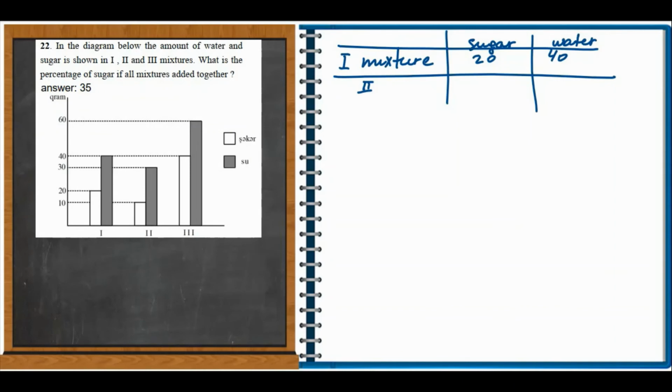The second mixture contains 30 grams of water, and the white part is 10 grams of sugar. And the third mixture contains 60 grams of water and 40 grams of sugar. Now, what is the percentage of sugar in the final mixture?